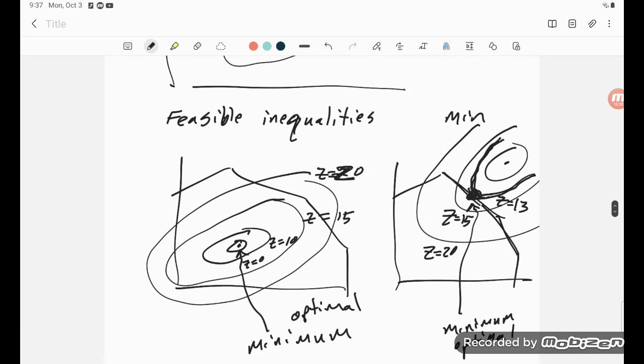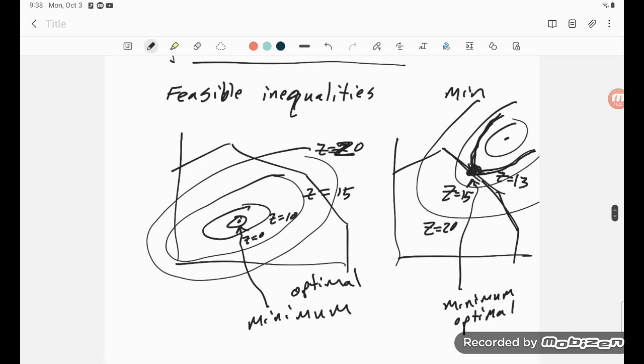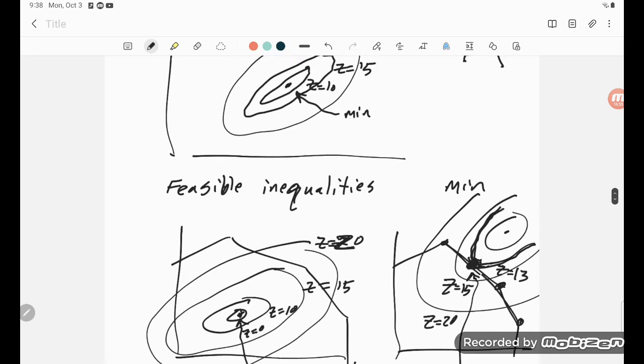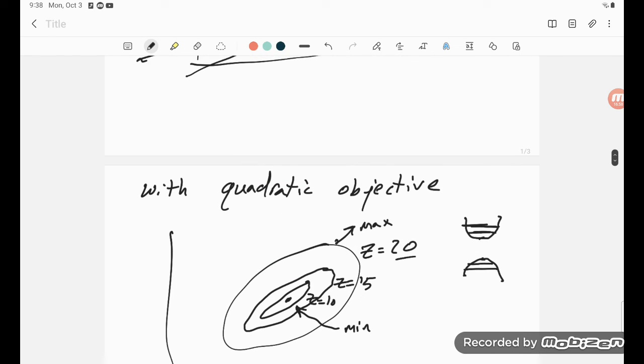Similarly, up here, if we had all inequalities, so we had a nice big region like this, then once again, that minimum might be somewhere in the middle of all this, as on the left, but again, it might be right along one of these edges. But even here, notice it's not at a point. Right, it's somewhere along the edge, but not at one of the corners. All right, so that is, again, this idea of a quadratic objective.